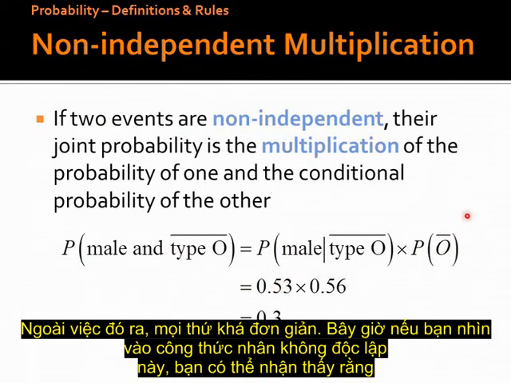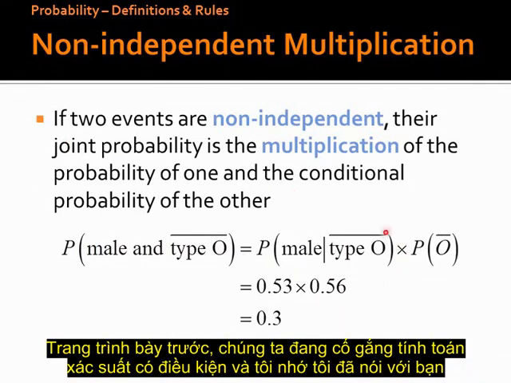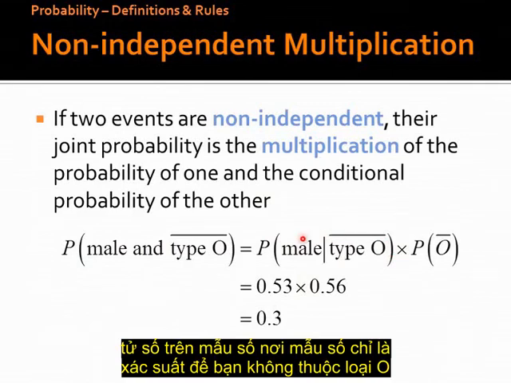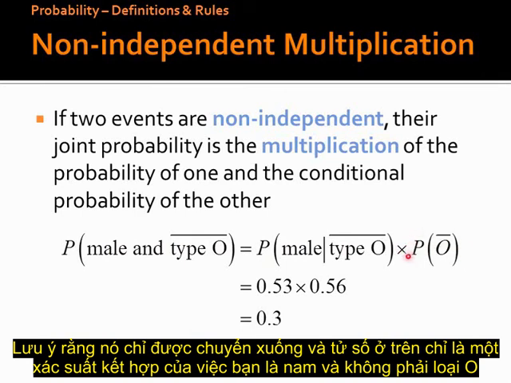Now if you look at this, the non-independent multiplication formula, you may notice that this is actually just a rearrangement of what we did in the previous slide. In the previous slide, we were trying to calculate the conditional probability, and I told you the conditional probability was the numerator over the denominator, where the denominator was just the probability of you not being type O. Well, that's here. Notice it just gets shifted down.